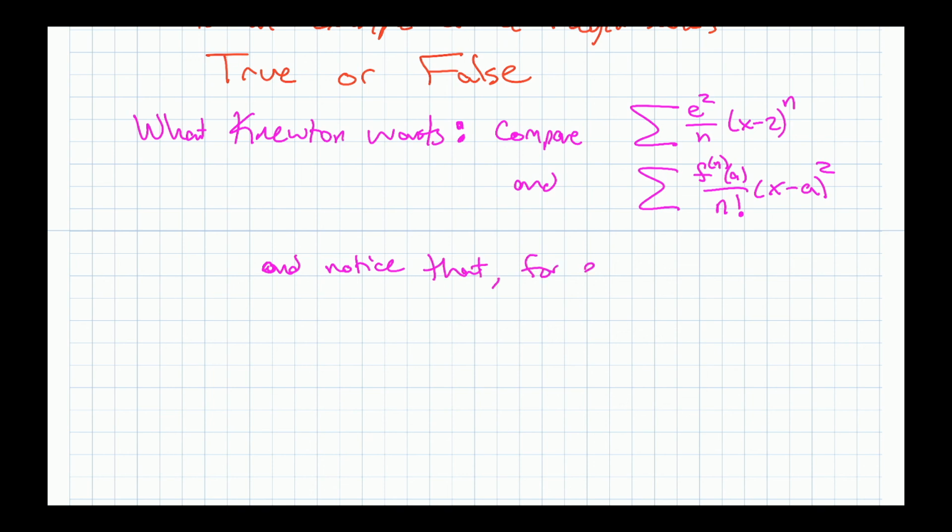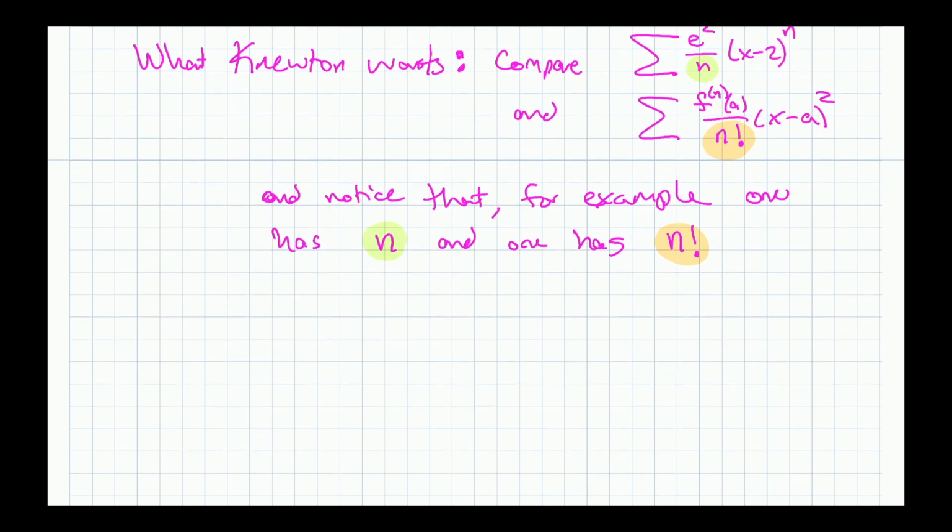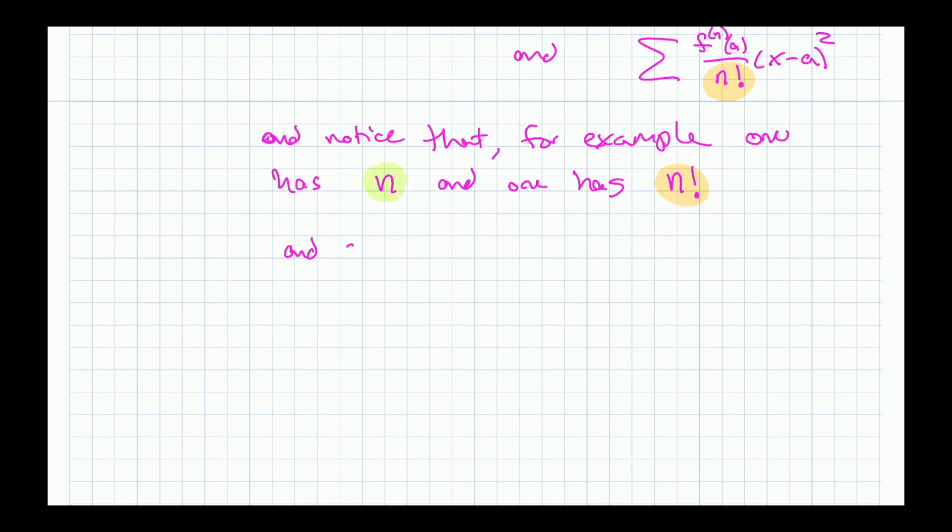For example, one has n and one has n factorial, and so they are different.